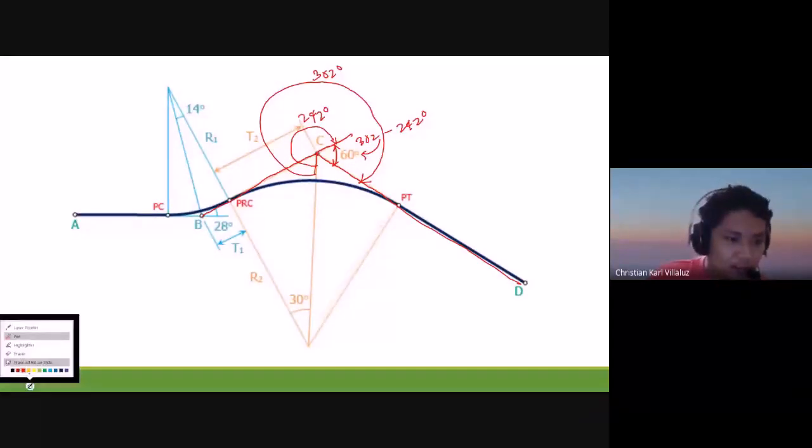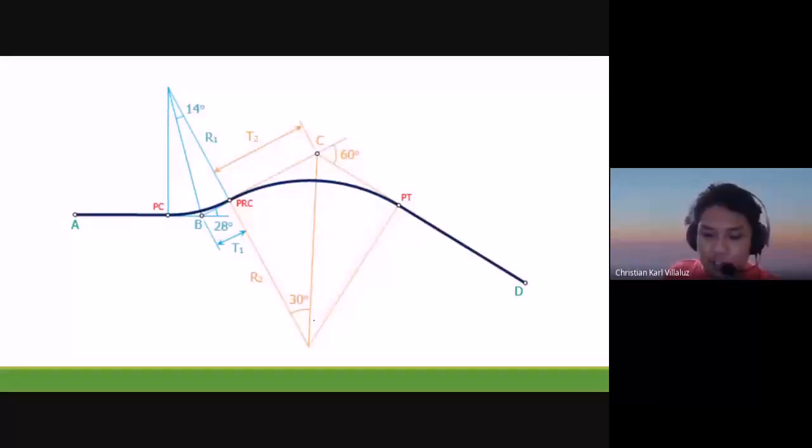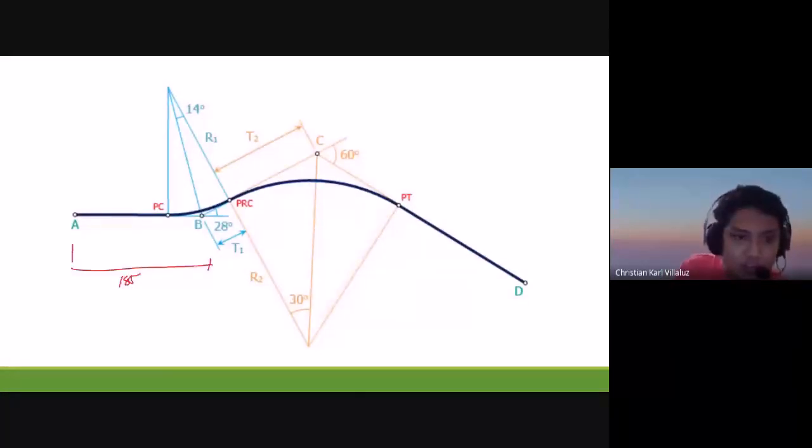Okay? So given the lengths of the lines, A to B is 185 meters. Then BC is 122.4 meters.